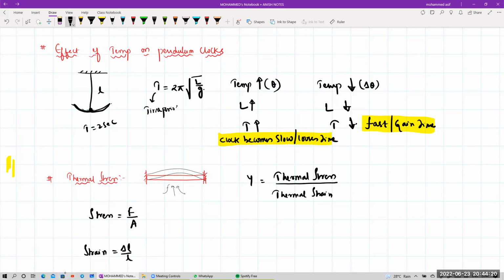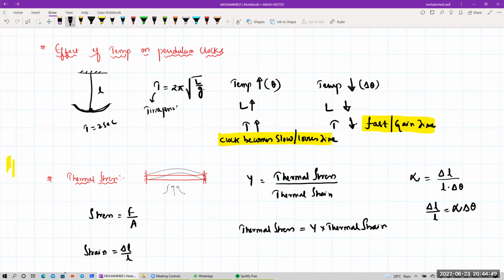And we know that for linear wires alpha is equal to delta L divided by L into delta theta. That means change in length by original length can also be written as alpha into delta theta. Alpha is the coefficient of linear expansion, delta T is the temperature difference. So if I need the thermal stress, I can write that thermal stress developed in the rod will be equal to Young's modulus into thermal strain.